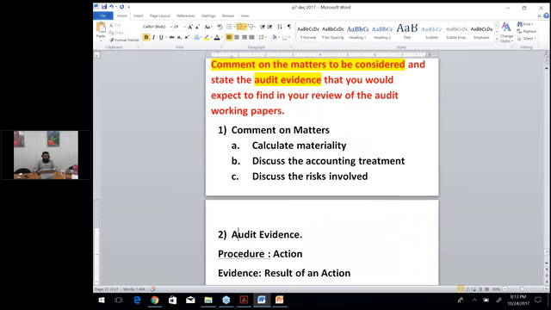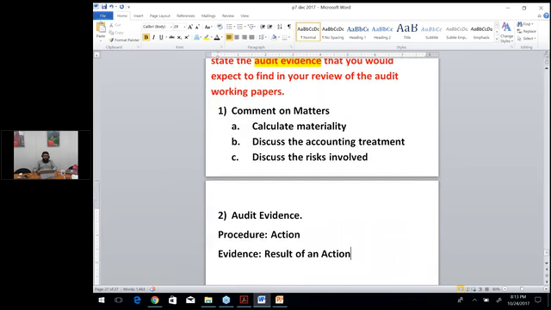Meaning, if we inspect valuer's report, that's a procedure. Now we find valuer's report in working papers, that's an evidence.